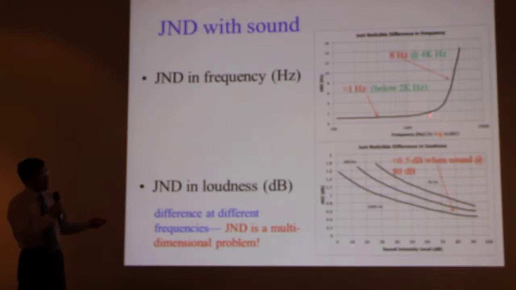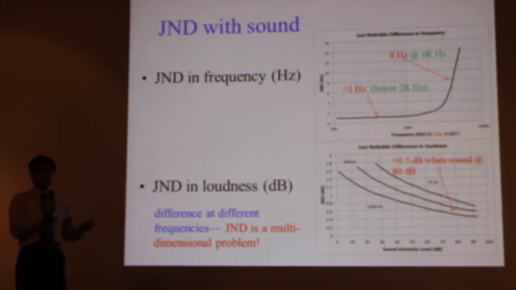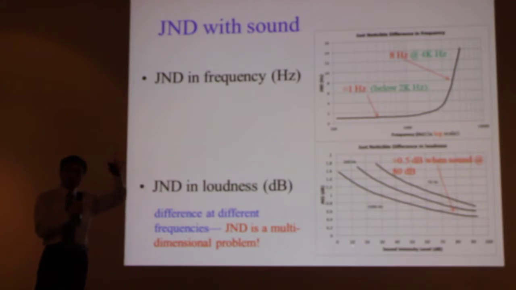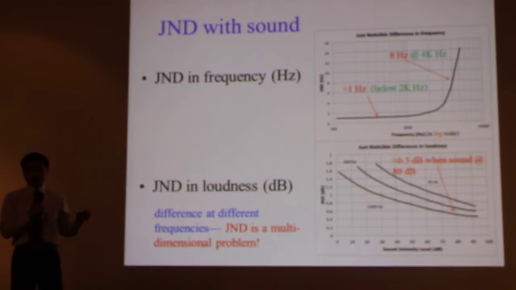That means our human ear can sense a difference of 1 hertz below 2K hertz. But after 2K hertz, the JND rises sharply. A bigger JND means the difference has to be bigger in order to be noticed or sensed. In other words, JND is the opposite of the sensitivity of human perception.